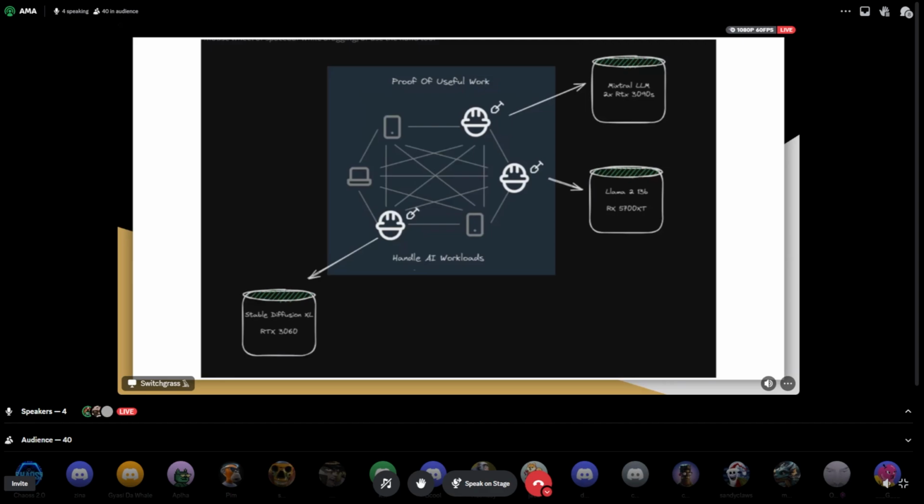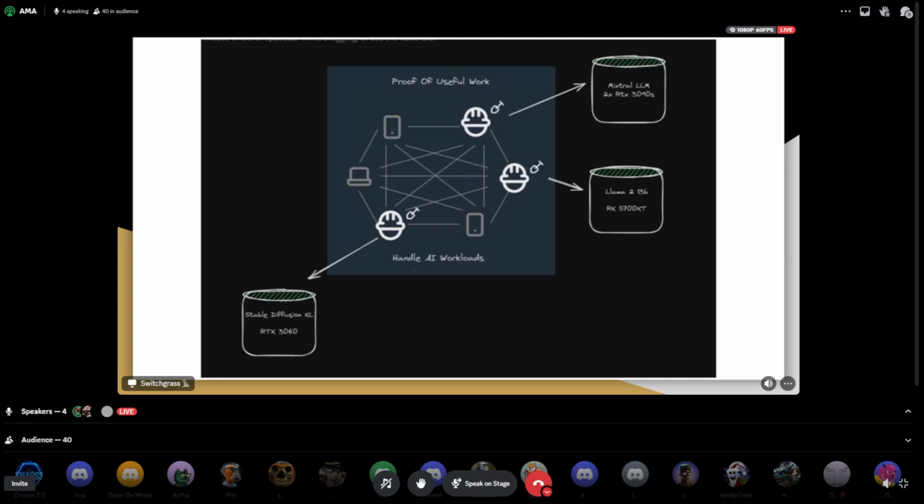the difference is quite subtle. The main issue with proof of work is that the work the GPUs are doing is not very useful. It's just solving imaginary problems. So we are essentially replacing that to handle AI workloads. With those same GPUs, one person could run a Llama 2 13 billion model or Mixtral LLM on 2 GPUs, since that would require more resources.